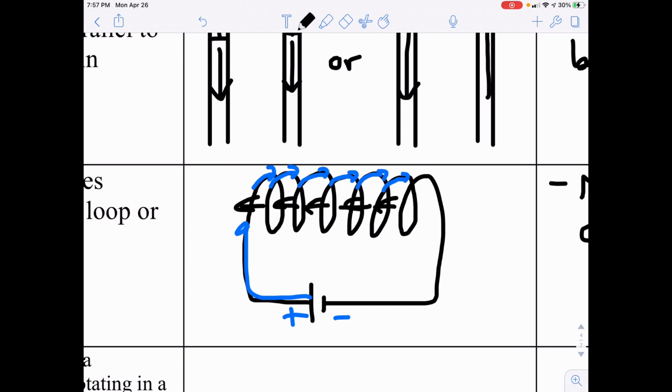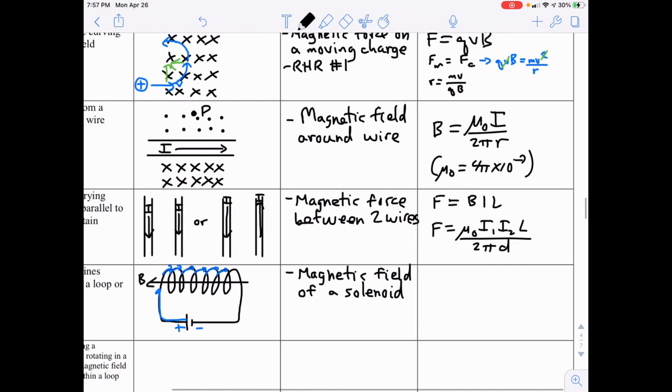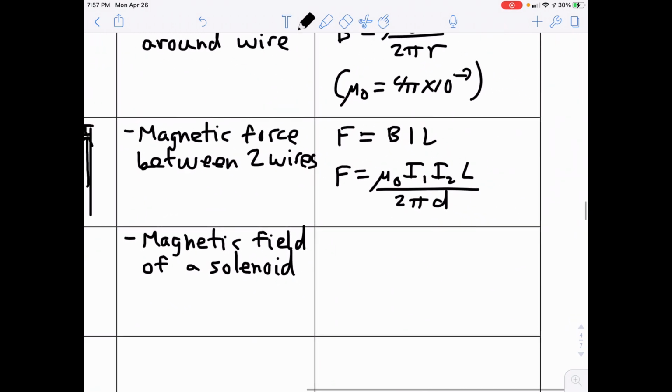So the collective field is passing, in this case, through the loop, through the solenoid, to the left. If the current reversed directions, then the magnetic field would reverse directions. Okay, and the equation we use for it is mu naught times I times n, the number of loops, divided by the length of the solenoid itself.